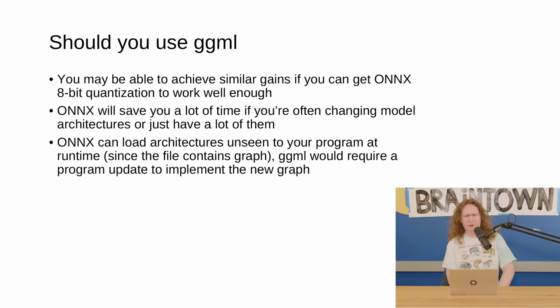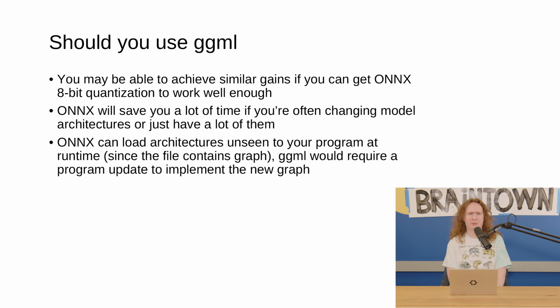So should you use GGML for your project? There's a lot of reasons why it might be impractical in your case. I've listed some on the screen, but in general, you could try getting ONNX quantization to work, and maybe you'll see similar gains. You will definitely be saving a lot of time because you won't have to implement the actual architecture by hand.